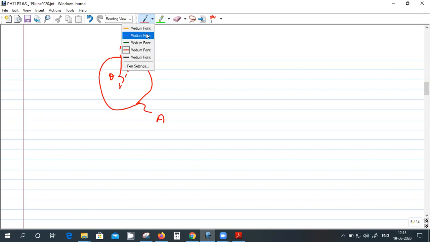The first part is the sphere A. So at a particular angle theta, the vertical, you have to draw the forces. It's very simple, you can do it. Try it.